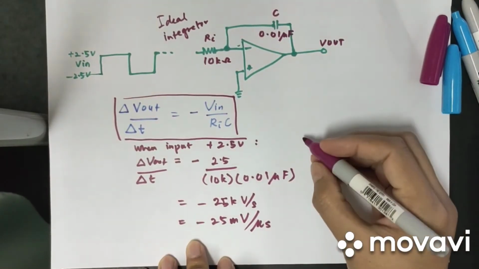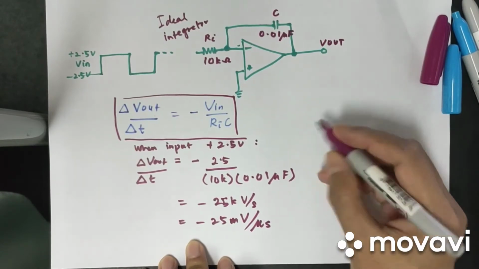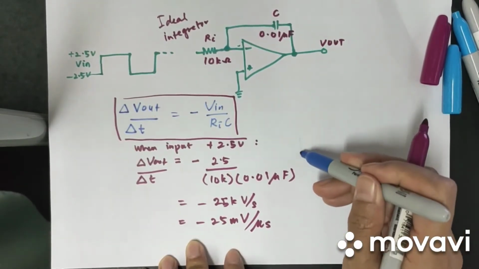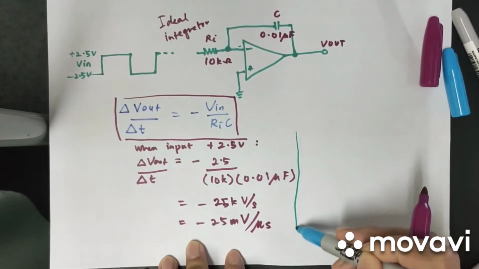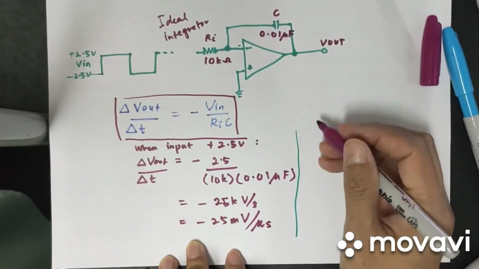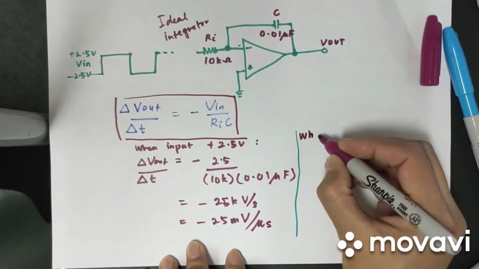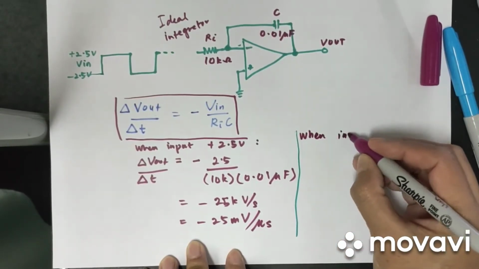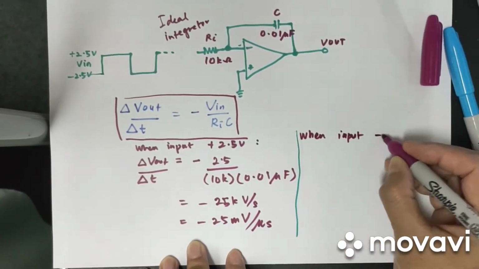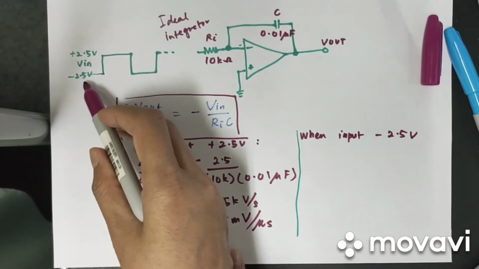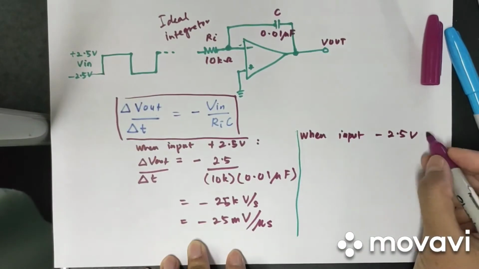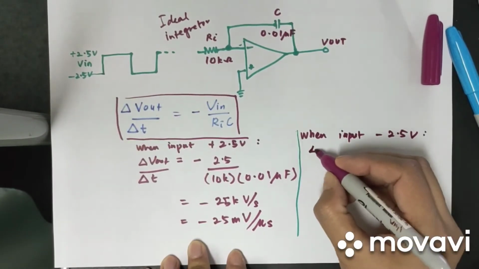Now let's see when the input is negative 2.5 volt. What happened?